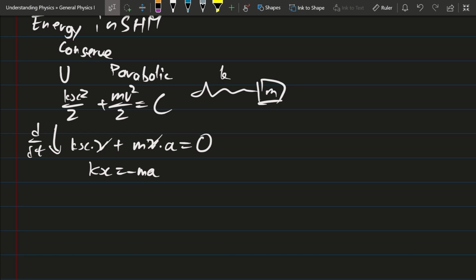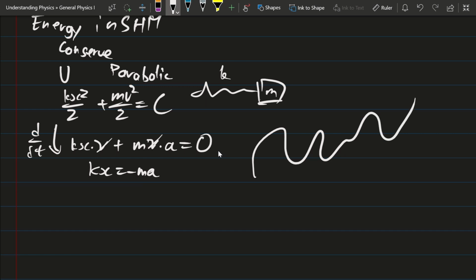And it is because if you have, for example, an arbitrary potential curve, if you only try to look at it at a very small scale, you could realize that this is actually only a parabolic curve. So you could just model this into a simple harmonic motion, which you could use.